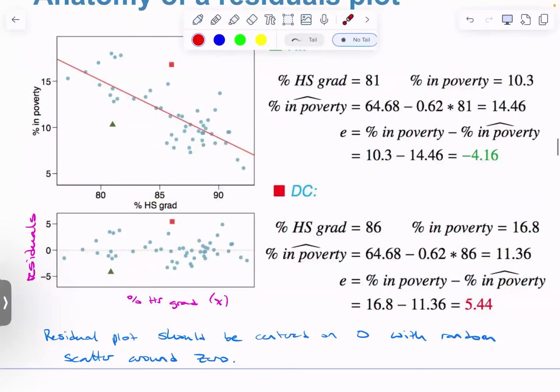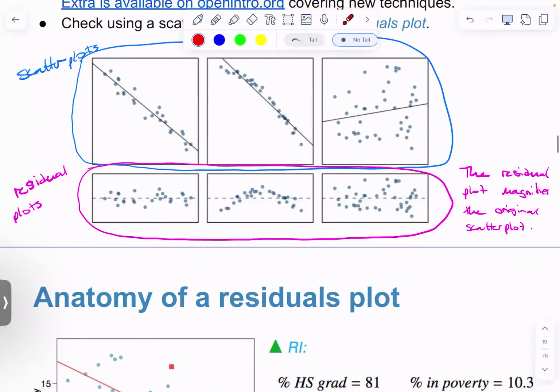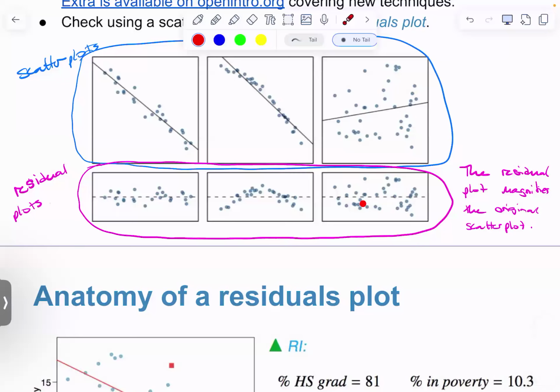We can plot these two residuals here, and they would show up in your residual plot. But what you're looking for in your residual plot is random scatter around 0. Here, I think this is random enough. The concern is kind of this funnel, but to me, in this course, that's good enough.